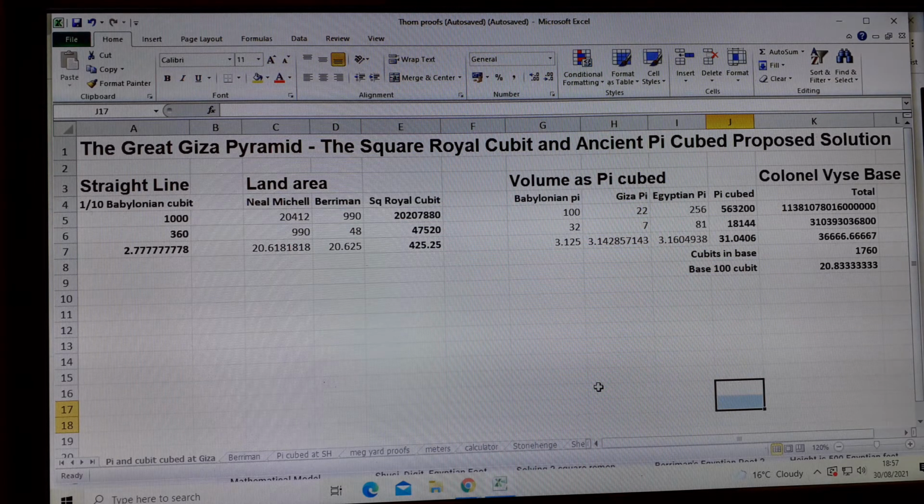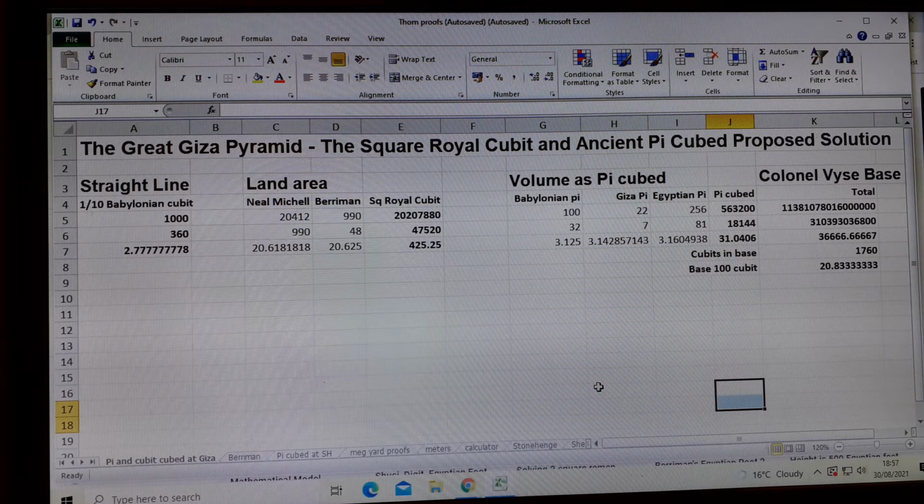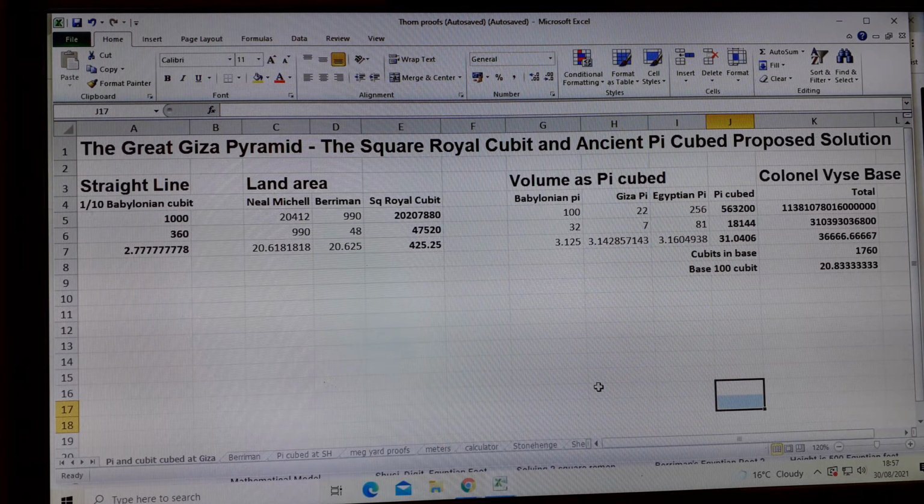And then the unit of volume as pi cubed is Babylonian pi of 100/32, which is 3.125, multiplied by what I call Giza pi of 22/7, which is 3.142857.143, and that then is multiplied by Egyptian pi, which is 256/81, which is 3.1604.938, and that is 16/9 squared.